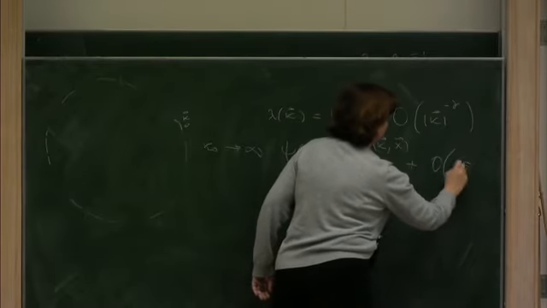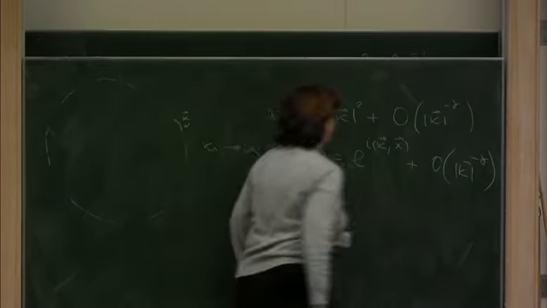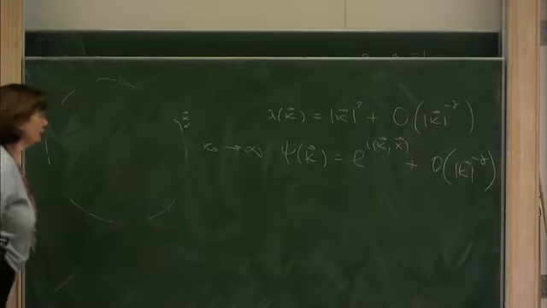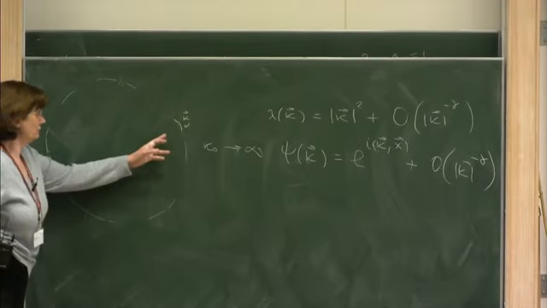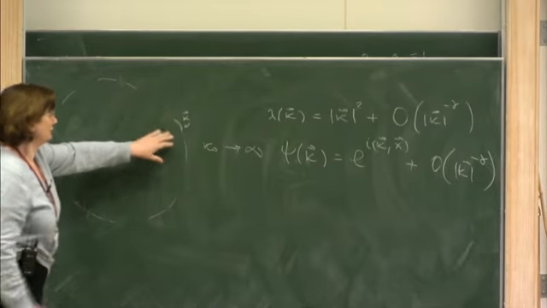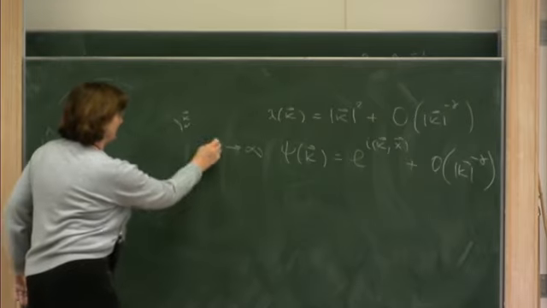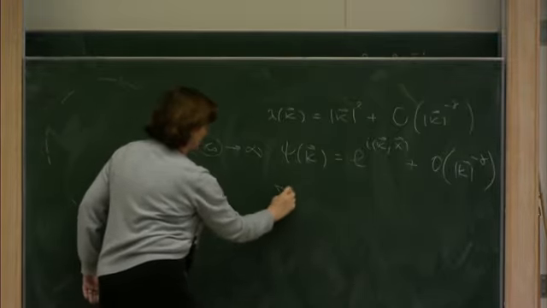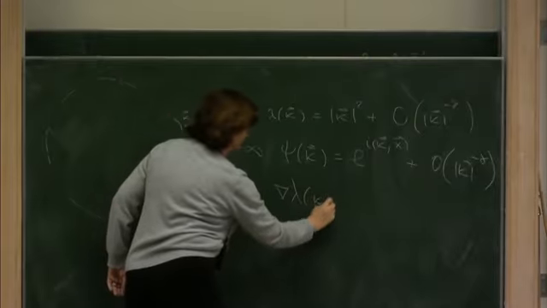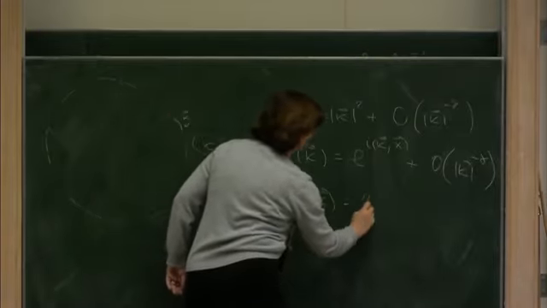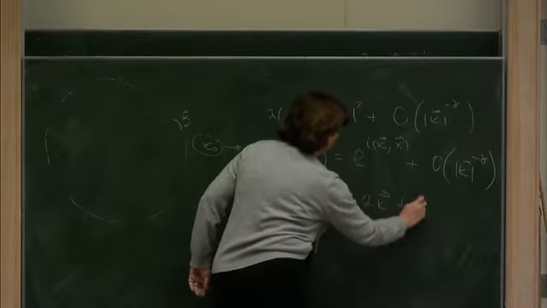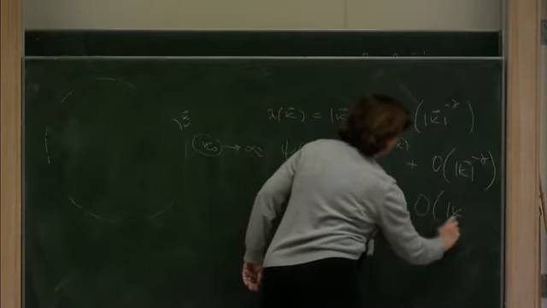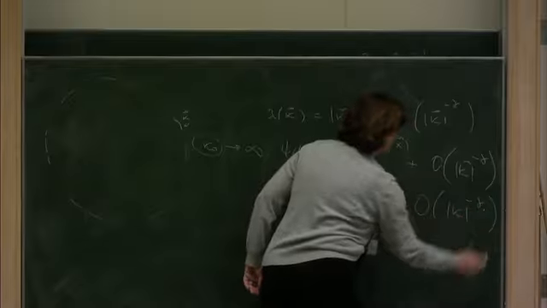Here, let us put the same gamma. We can always make them the same. This holds for any k, and also we can differentiate it with respect to k. It will be 2k plus O of k minus gamma 1.